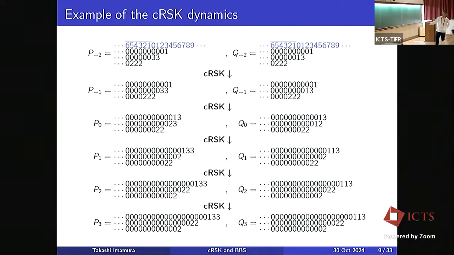When time t is small enough, meaning large enough in the negative direction, in this case t equal to -2 and -1, the dynamics is linear.